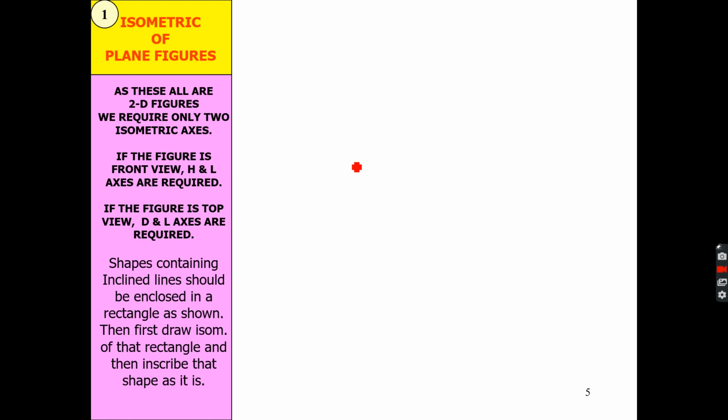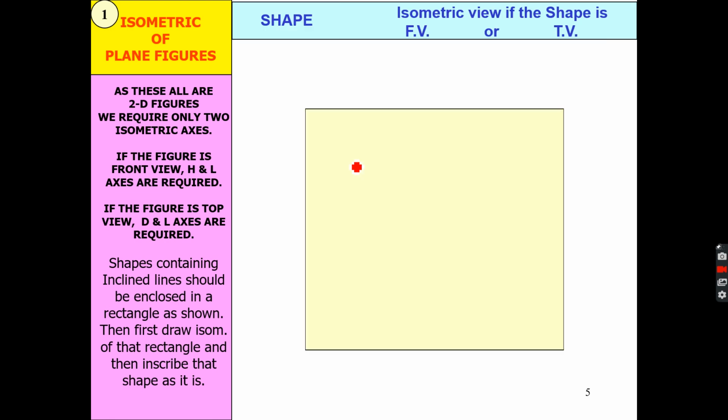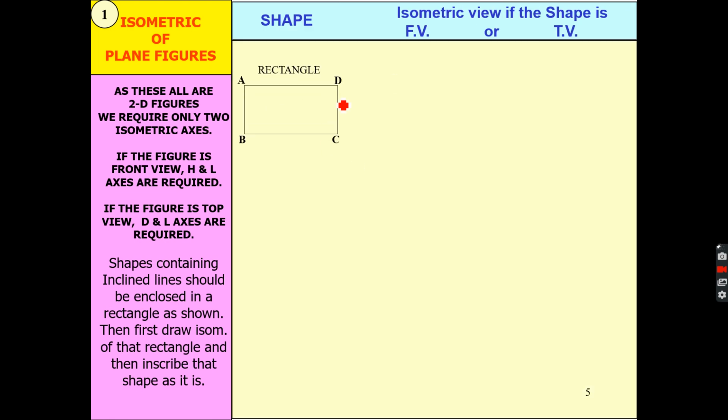Okay, so here are some examples. Suppose there is a rectangle shape, and suppose this rectangle is in the front view. How will you draw the front view of a rectangle in an isometric view?